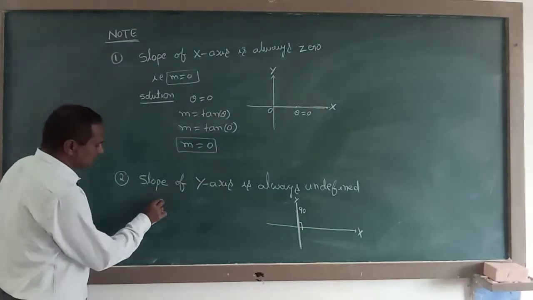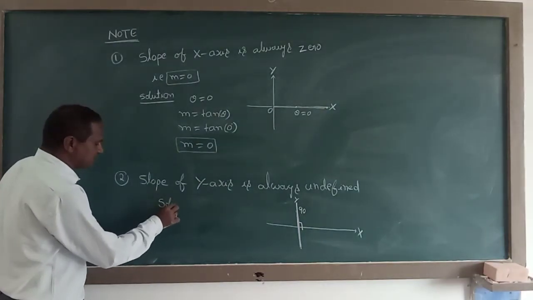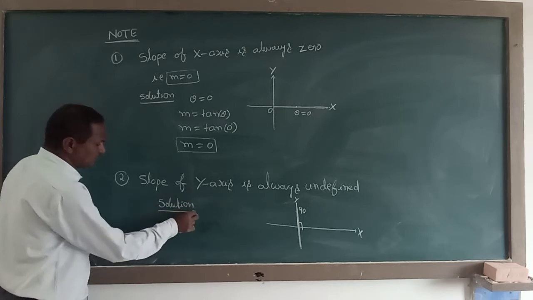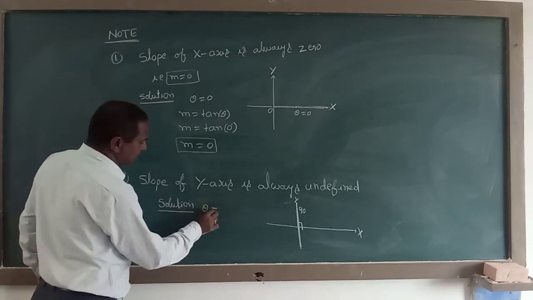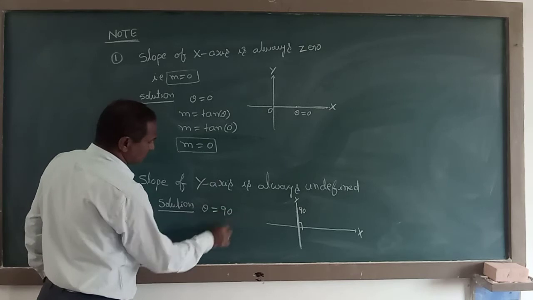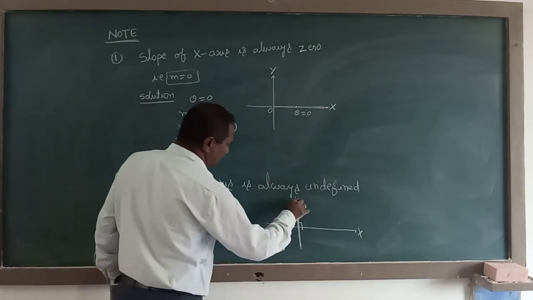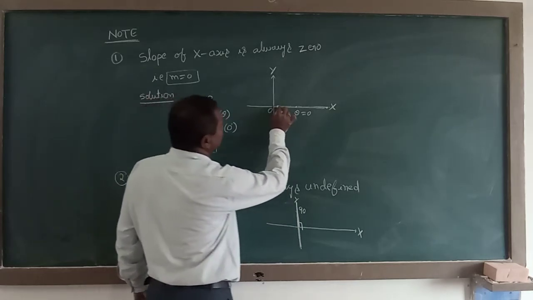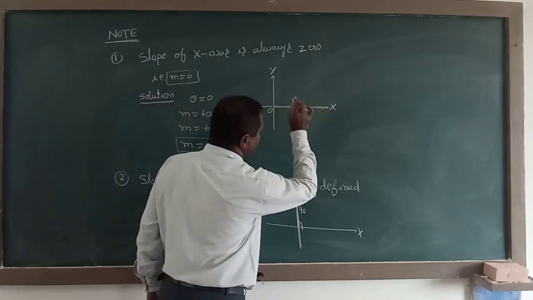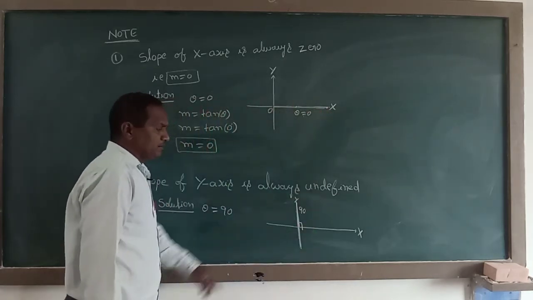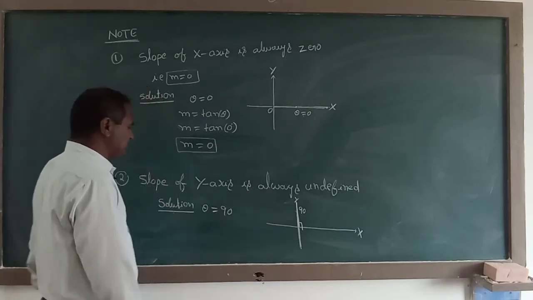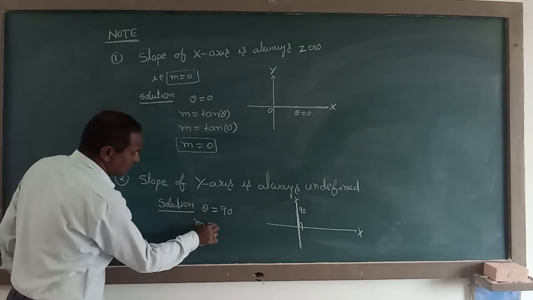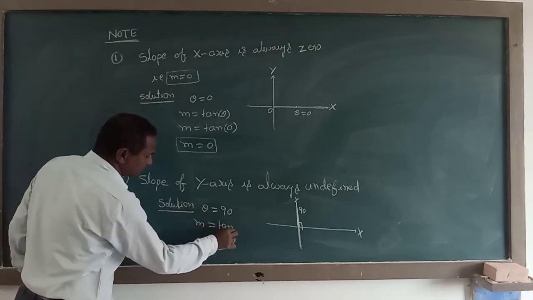In this case, we can give the solution for this point: theta is equal to 90 degrees here, because the angle made by the line and the y-axis is always 90 degrees, whereas for the x-axis and the line theta is 0 degrees. But in this case we are getting 90 degrees, so we just apply the slope formula: m is equal to tan 90.